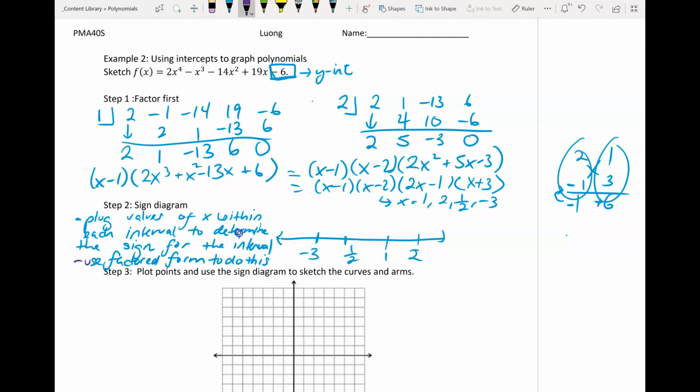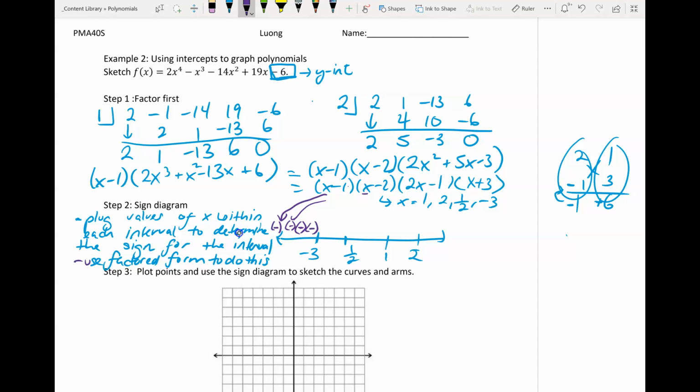So if I plug in -4 into our factored form, that's -4 minus 1, which is a negative number. Then the next one, -4 minus 2, is again a negative number. Then we have -4 times 2 is a negative, minus 1, it is still a negative. Then lastly, x plus 3, so -4 plus 3 is a negative number.